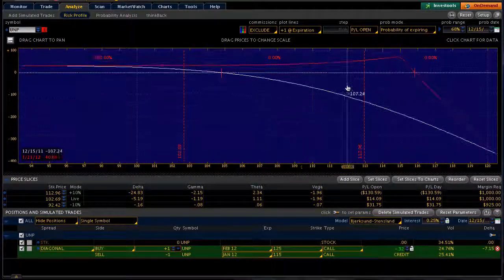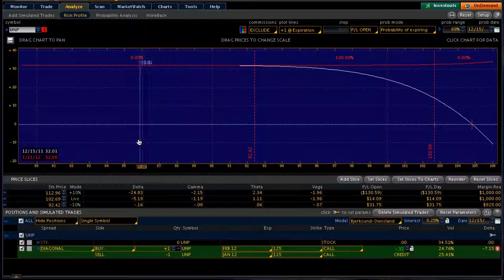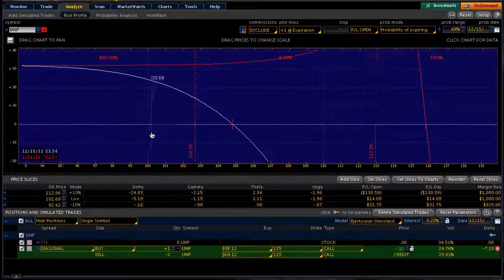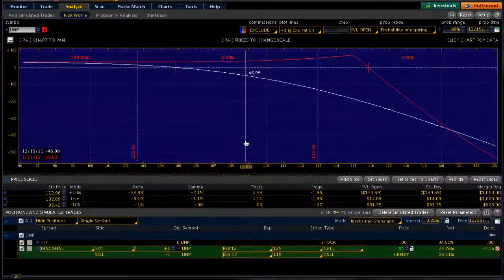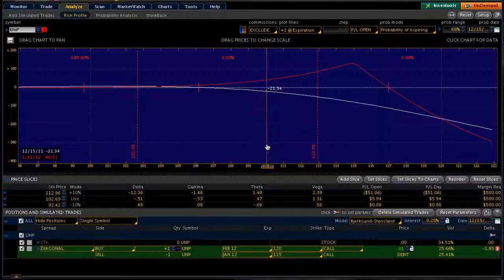But if we completely sell off all the way down to $80, you would still make $32. So you just have to mess around with these numbers and what you feel comfortable with, and try to get a range.